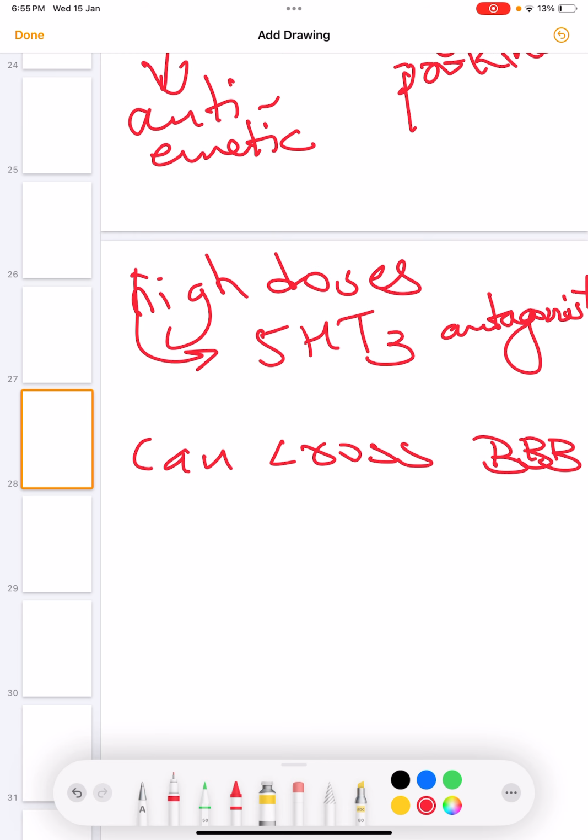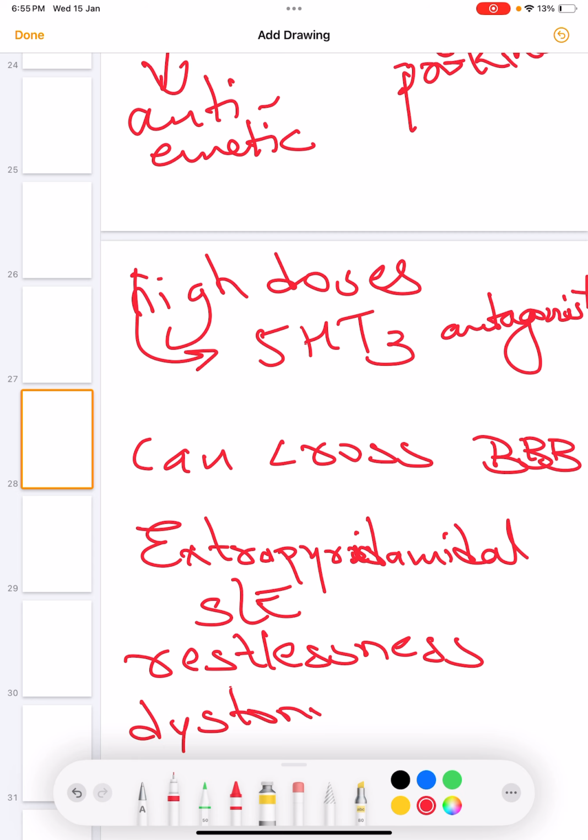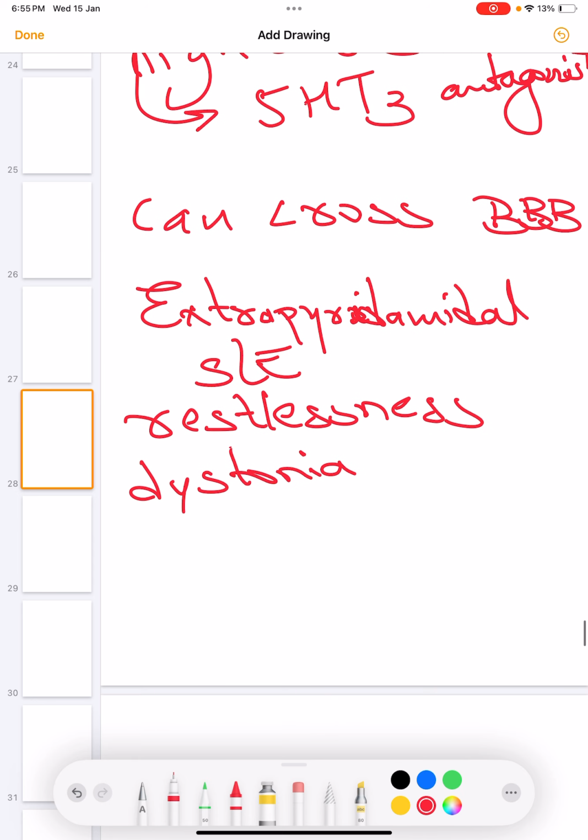So it can cause extrapyramidal side effects such as restlessness, muscular dystonia, and drug-induced Parkinsonism.